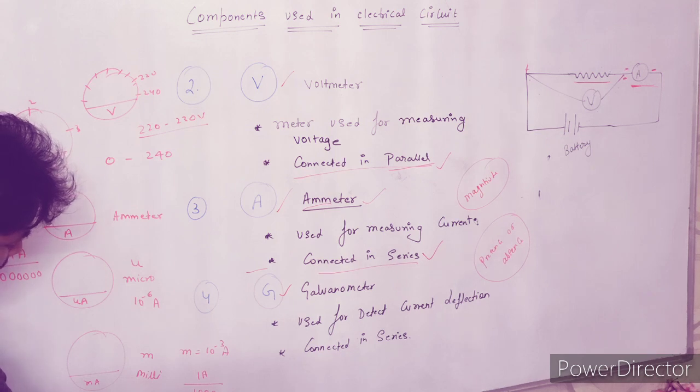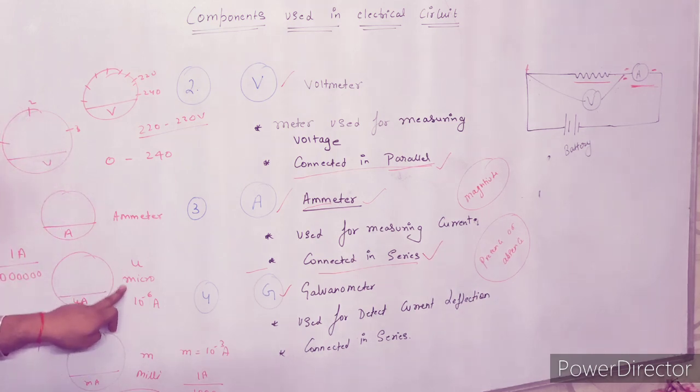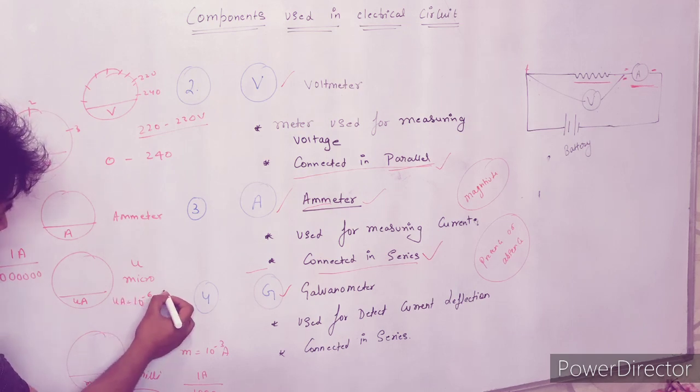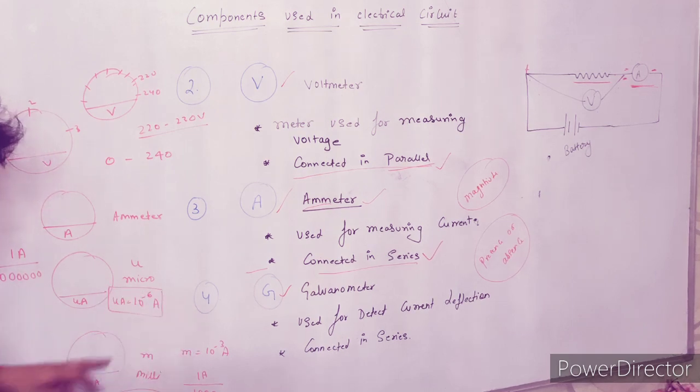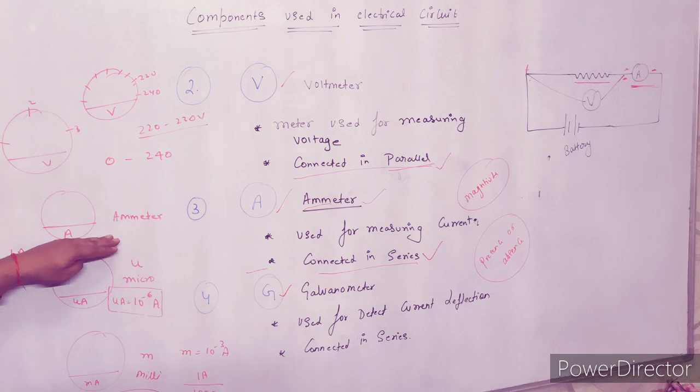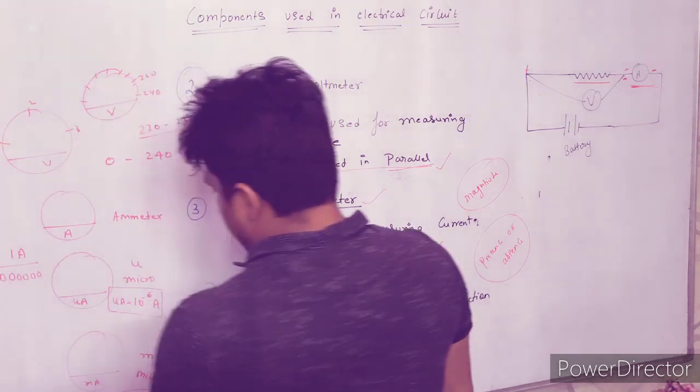So 1 milliampere equals 10 to the power minus 3 ampere, and 1 microampere is 10 to the power minus 6 ampere. Generally these two types of ammeter are used in the laboratory, because of small amounts of current. The simple ammeter is used in our household circuit because it has a high range. So in the laboratory we use micro and milli.